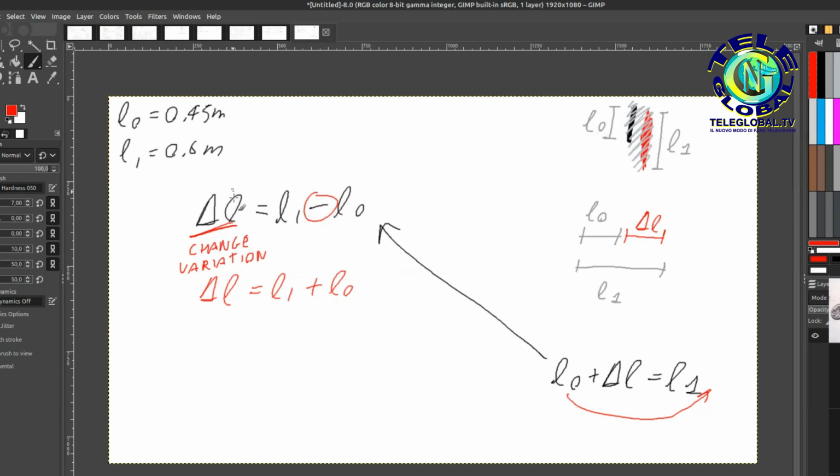And generally, not always, but generally, we use delta to signify change or variation. So most of the time you see a delta, that's gonna be a difference between two states. There might be exceptions, but most of the time it'll be this.